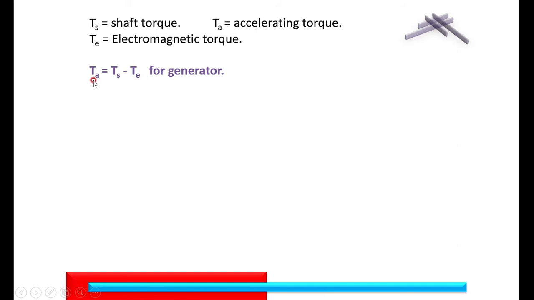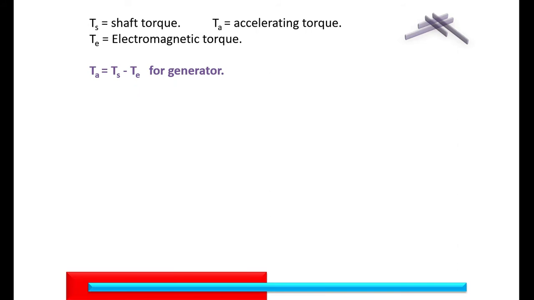Therefore, if the shaft torque TS is greater than the electromagnetic torque TE of a generator, an accelerating torque TA is produced: TA is TS minus TE. But in the case of the motor, the input is the electromagnetic torque and the output is the shaft torque.